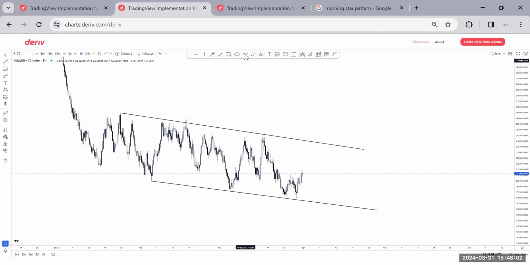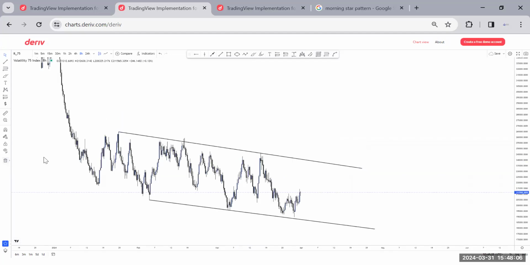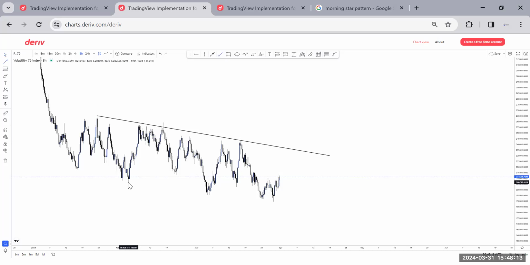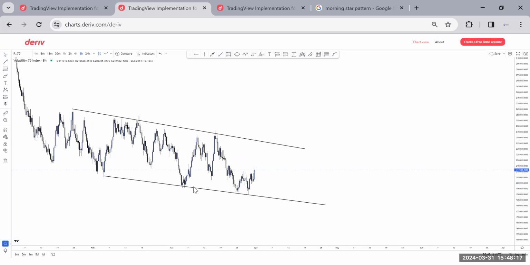Your mouse is showing. Okay. So this is the 8-hour channel. I was saying that you can draw from the top, connecting the resistances, and then your trend line support at the bottom like that. So this was a strong supply or demand zone.